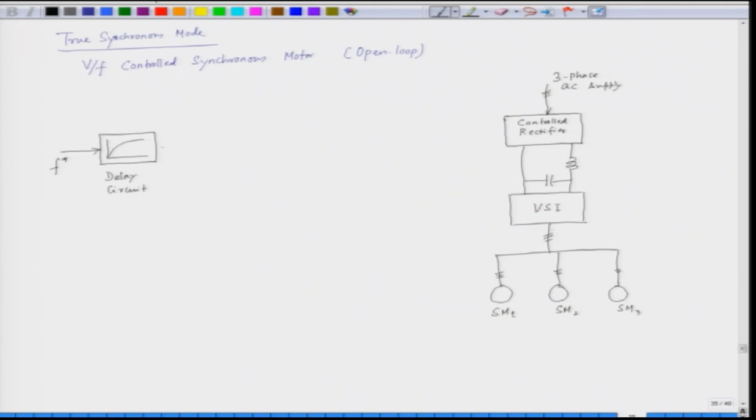So, what we do here is that the frequency which is the output of the delay circuit is fed to the VSI directly. So, here is the frequency and then as before we have a V by f function generator, which generates this function. This is our frequency here, and the output of this gives the reference voltage.